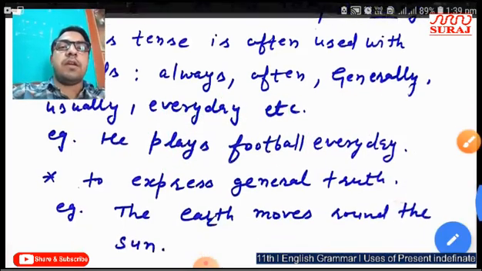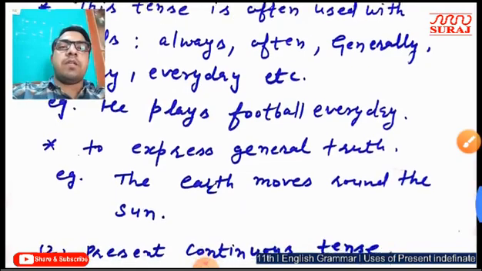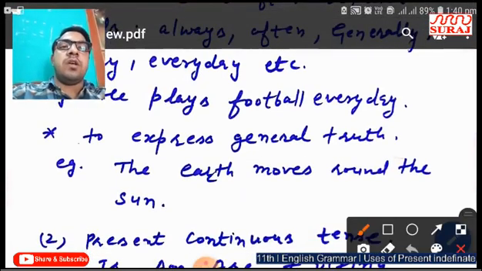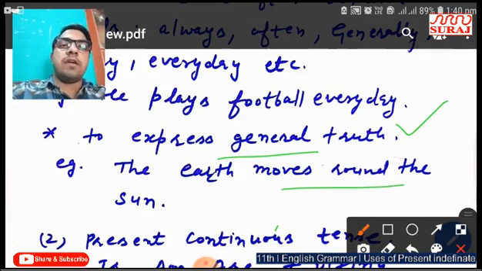Now the third rule: to express general truth, we should use present indefinite tense to express general truth, general habit. The earth moves around the sun. In this sentence you can easily find that this is a universal truth.